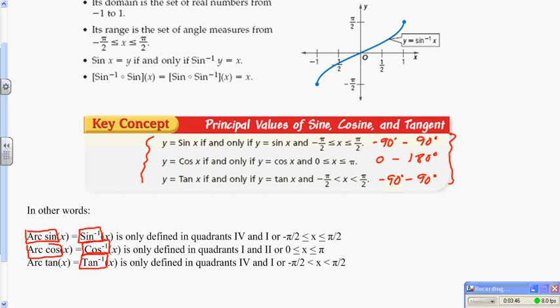These represent the same thing, but because they say arctan, or capital T for tangent, or capital S or capital C, our answers must be within this window.